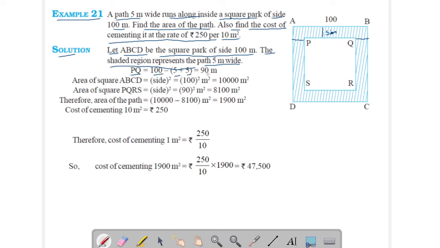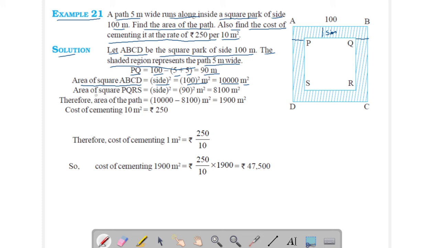What will you get? 90 meter. Therefore, area of square ABCD equals side square equals 100 square meter square. And what is the square of 100? It is 10,000. You will get 10,000 meters square.